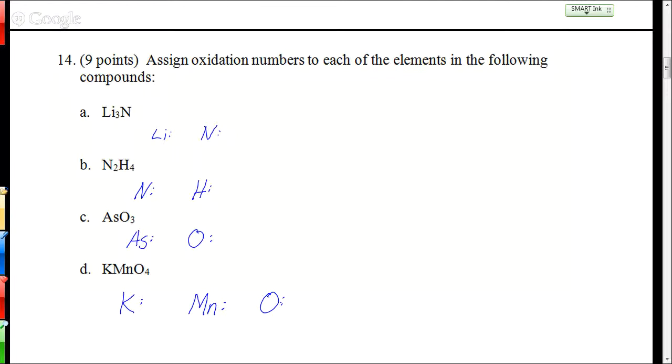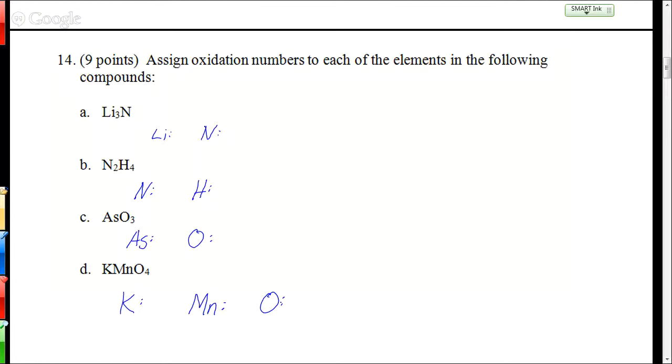And that chart is really just a list of what has the most reliably constant charges. Even if you don't remember the chart, you can probably use your experience to figure this out. Like, I know we always see this column being +1, or this one being minus. So what do we always see lithium as? +1, right?